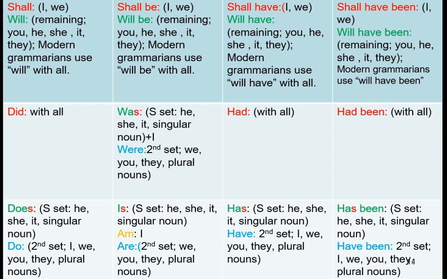But traditional grammarians use I, we, shall, remaining will, and modern grammarians say I'll or I will with all. Shall be, I; will be with remaining. Shall have, I; will have with remaining. Shall have been, I; and will have been with remaining.